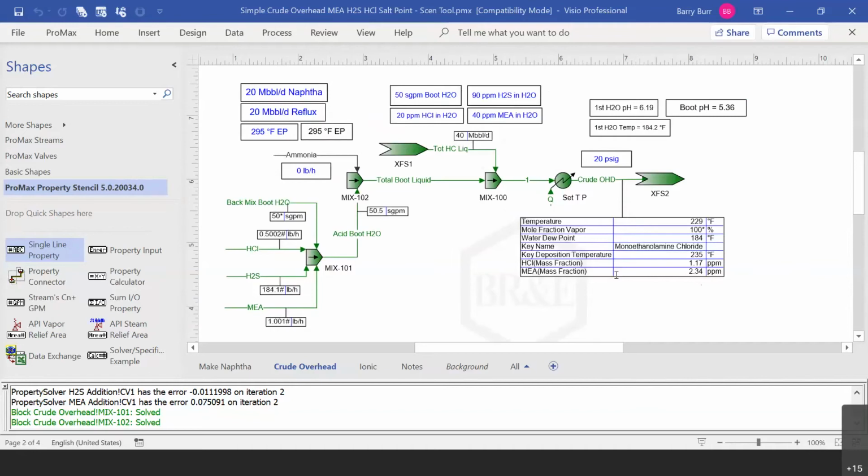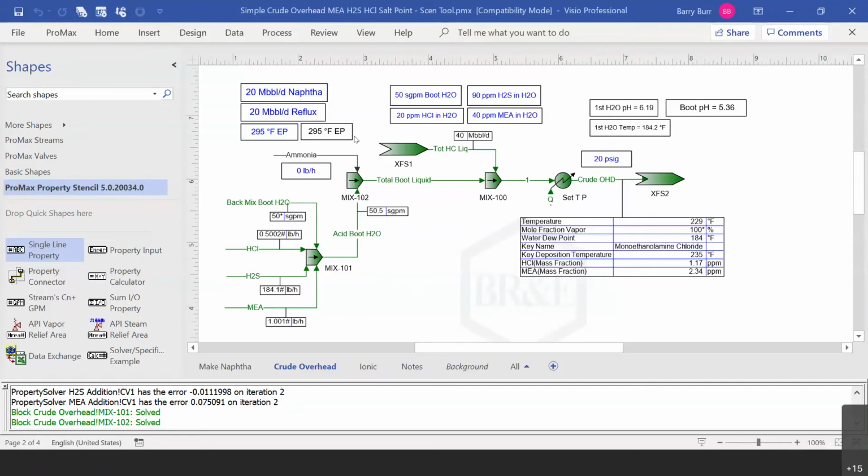So normally when we're doing crude distillation work, we just don't see second phases forming on stages other than the condenser in crude units. If you did, we could do some stuff to calculate some properties, but I'm not sure how useful that would really be.